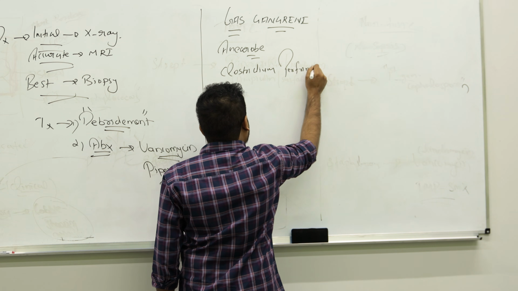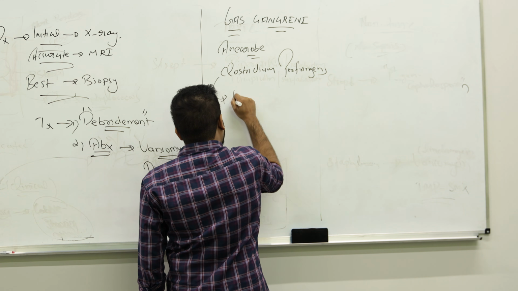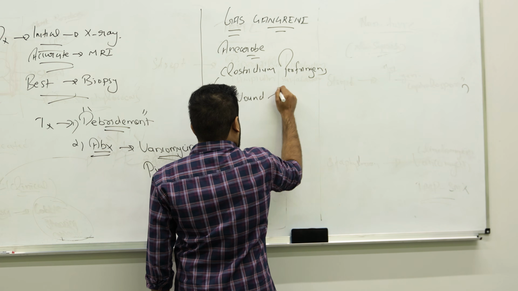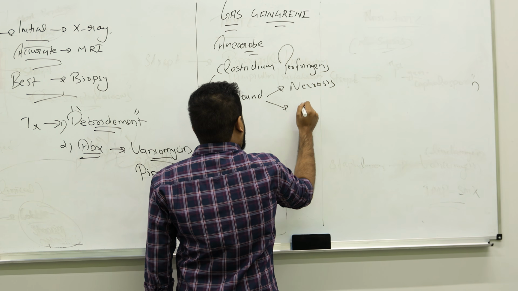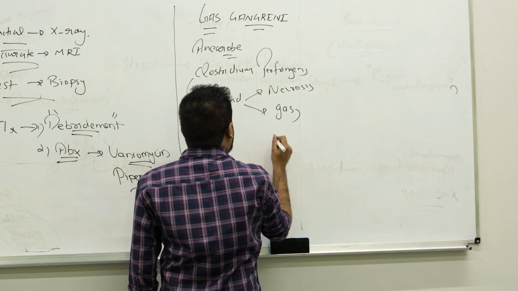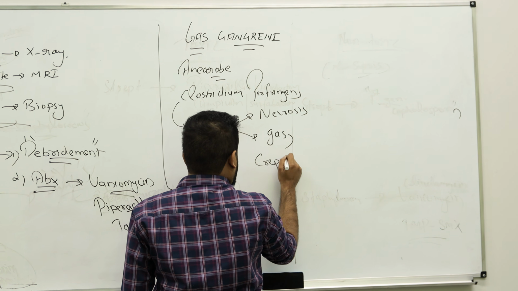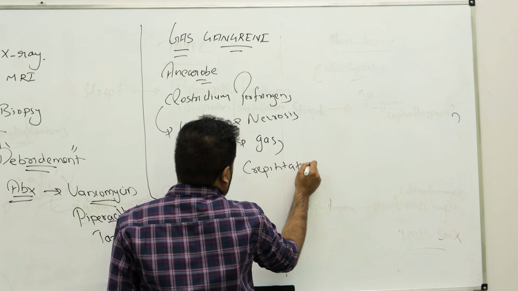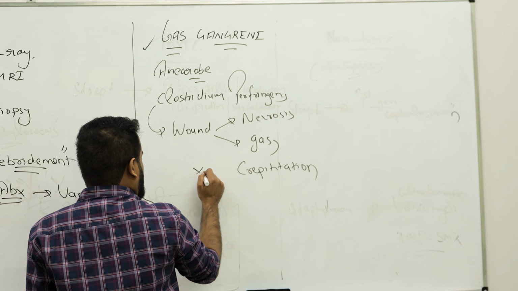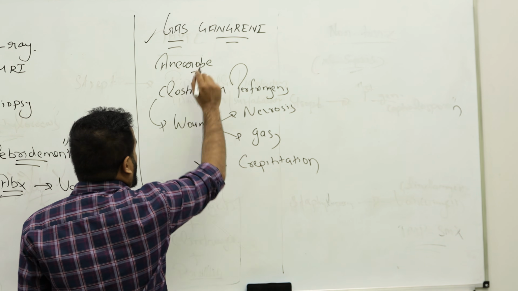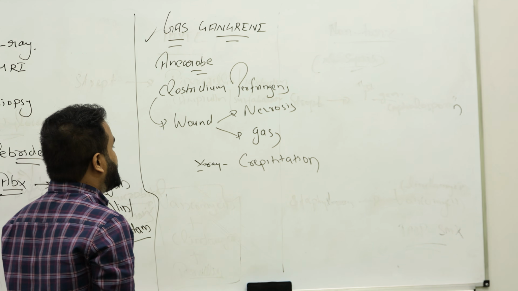In the wound, it will cause necrosis as well as dark gray deposition and gas, that is called gas gangrene or crepitation. We call it crepitation. In the X-ray, every time you see crepitation, think about gas gangrene, Clostridium perfringens.